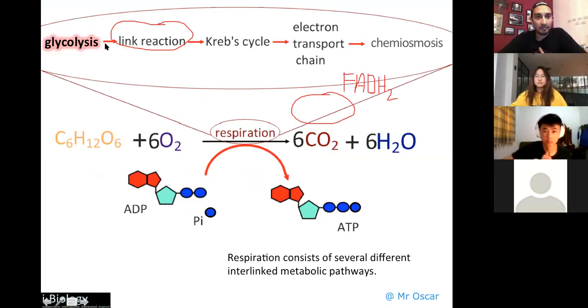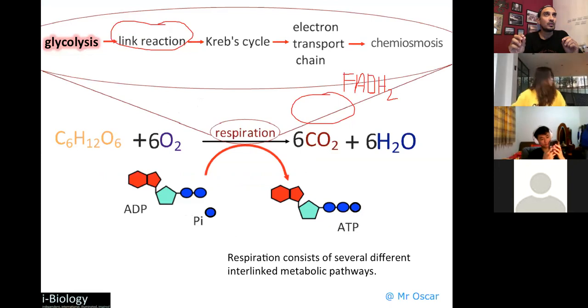Whether it's glycolysis, the link reaction, or the Krebs cycle, all these three things, what we're doing is, think of it like those birds that sit on water buffaloes or those big animals, and pick and eat stuff off of them.